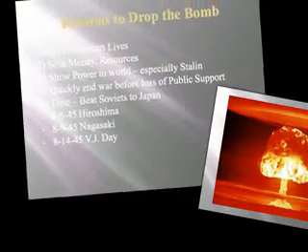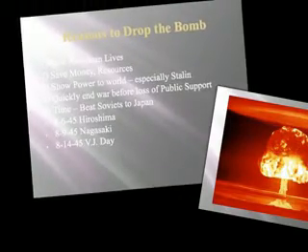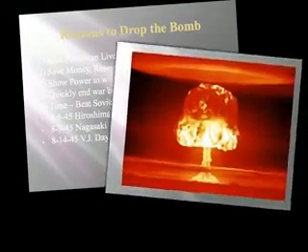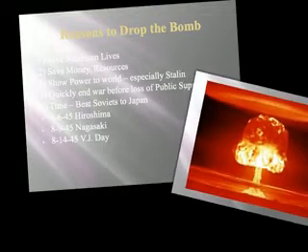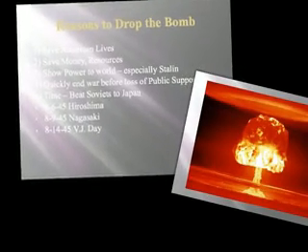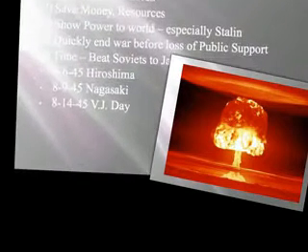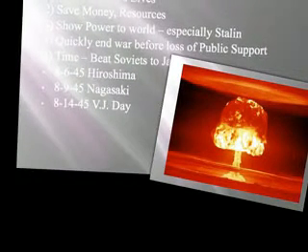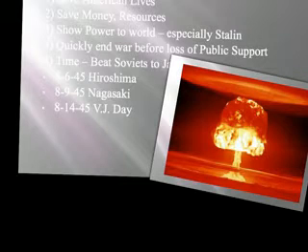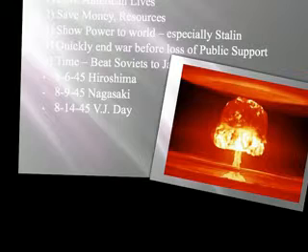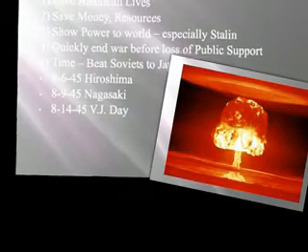And so, of course, this is a very controversial debate, whether we drop the bomb or not. But these are at least Truman's justifications for dropping this atomic bomb. The bomb was dropped on August 6 on Hiroshima, August 9 on Nagasaki, and then five days later, the Japanese surrender. VJ Day is Victory in Japan, August 14, 1945.